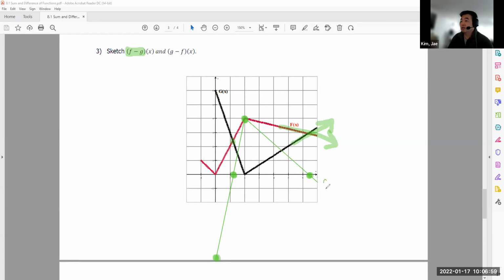This is my f minus g of x. Okay. And again, I really feel you can do g minus f as an exercise. You can also check my answer here, I suppose. I'm going to move on for the sake of the video too.